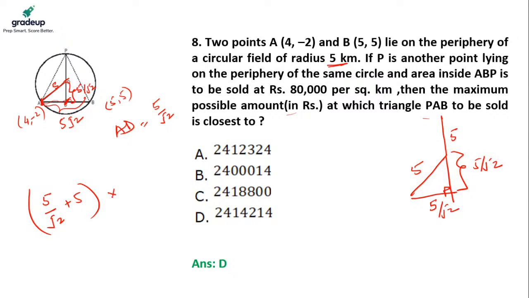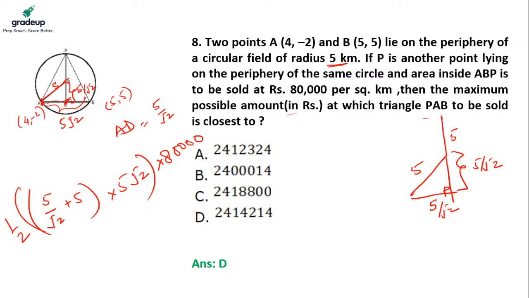Base is 5 root 2. Half into base into height will give you the area. And this is being sold at 80,000 rupees per square kilometer. So this is going to be my answer.